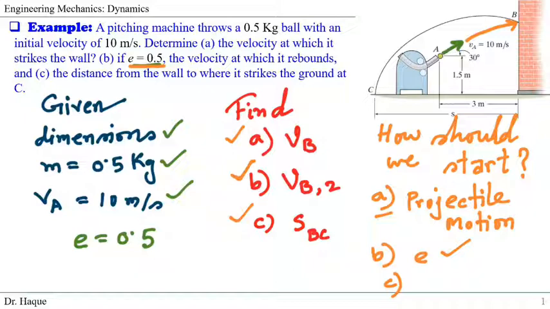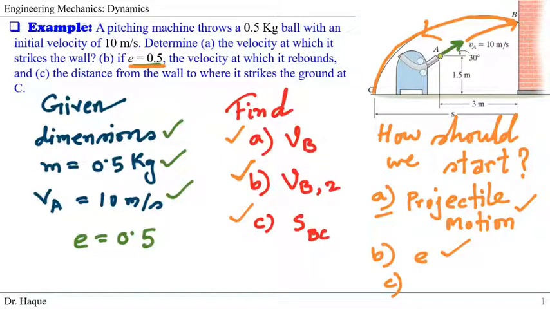We have to look at what's happening for C, because it's asked from the wall to the point C. So this is the path. And what concept might I use? Sweet, right. We have to use projectile motion again, or at least for now, let's assume that we can.